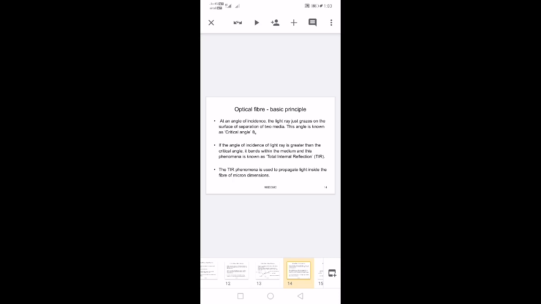If the angle of incidence theta I is greater than theta c, then the incident light will be completely reflected back into medium 1 and will not go into medium 2. That is what we call total internal reflection.